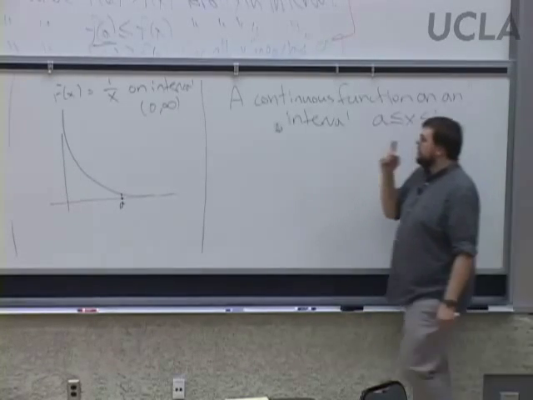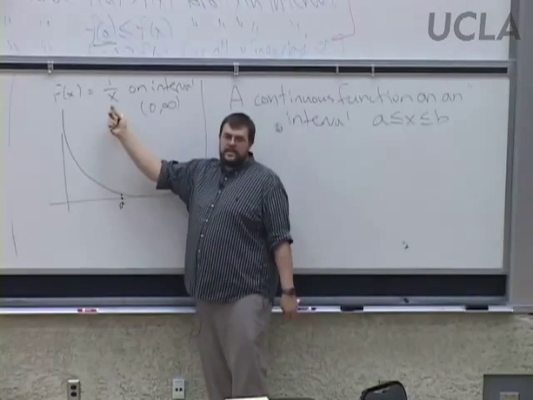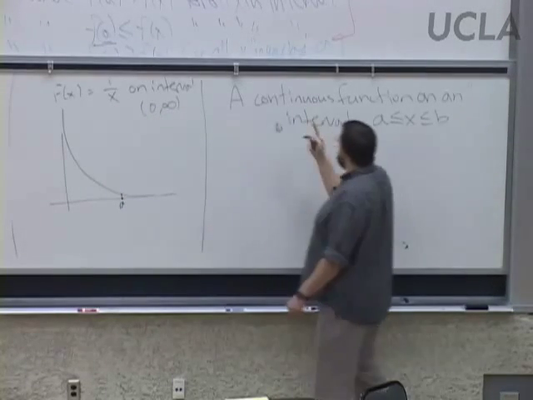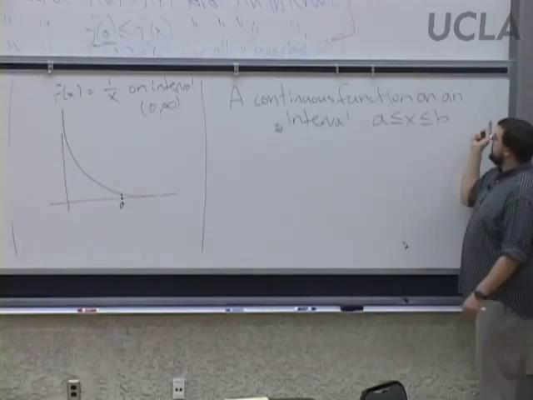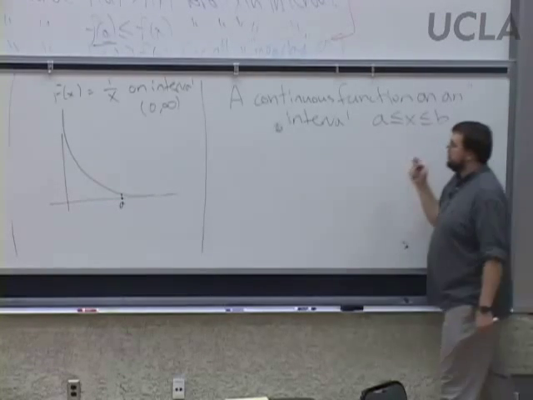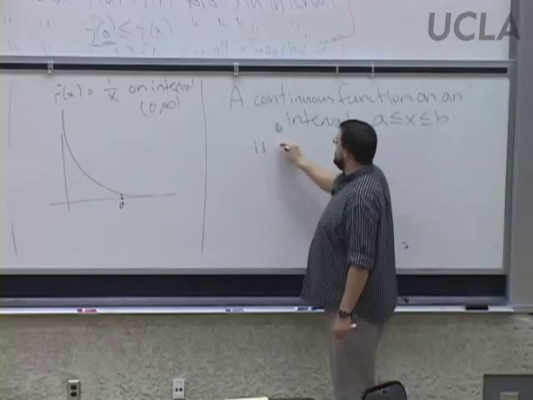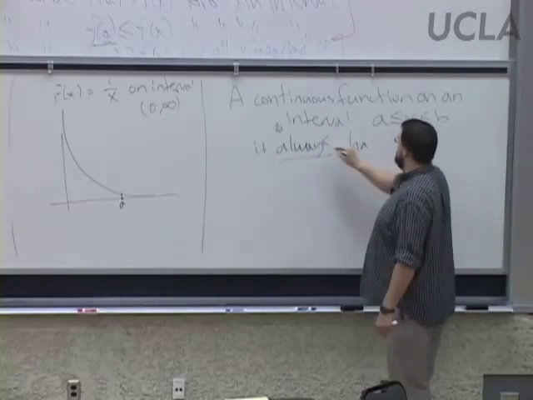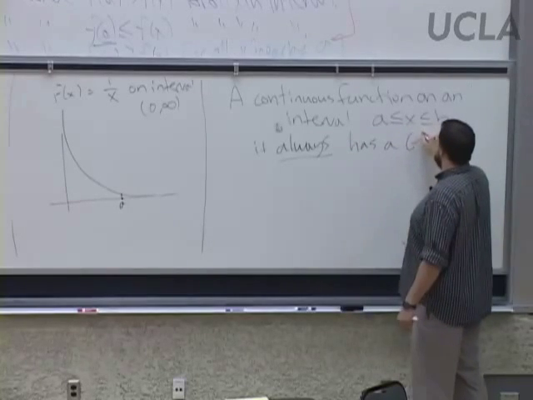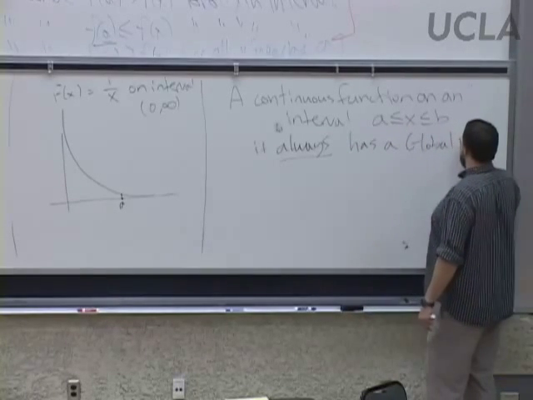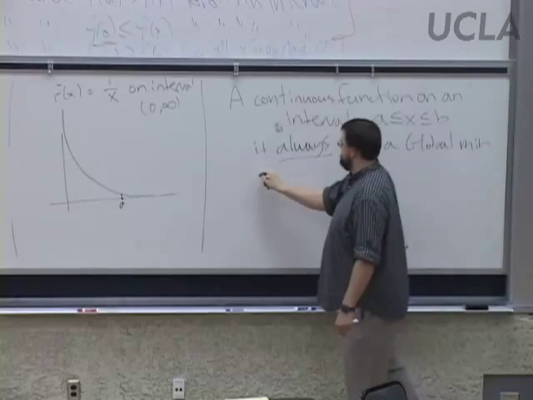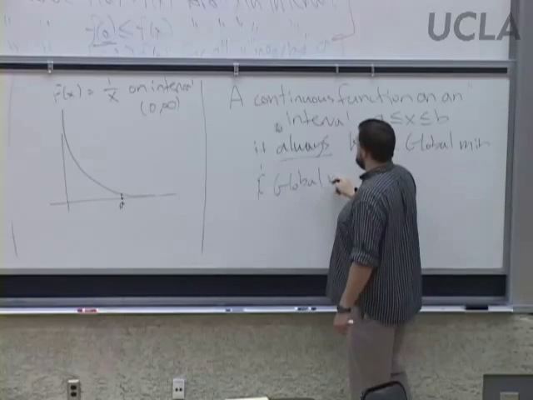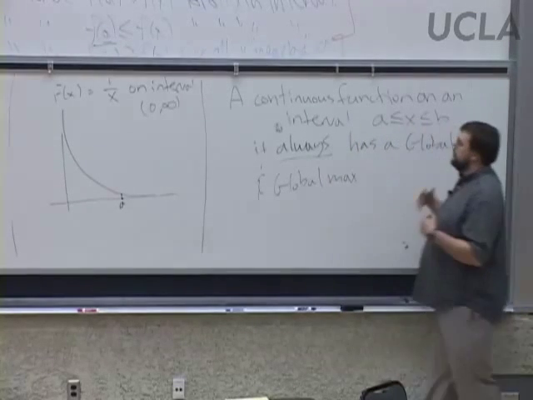Now here, what was our problem? 1 over x is continuous. That's not a problem. But we weren't including endpoints. So if we have a continuous function on an interval where we include endpoints, it always has a global min and a global max. And the good news for us is these are the ones we'll always be considering when we're looking for the global min and global max.